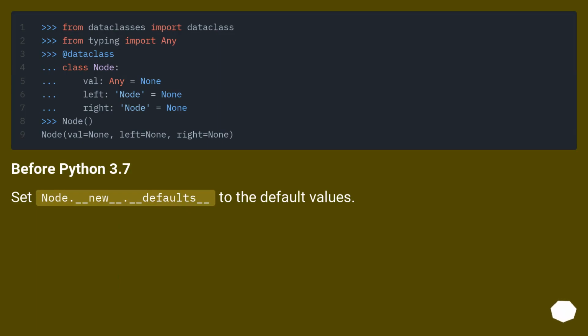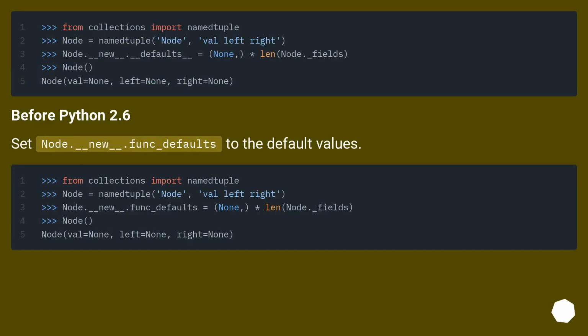Before Python 3.7, set node._new_.__defaults__ to the default values. Before Python 2.6, set node._new_.func_defaults to the default values.